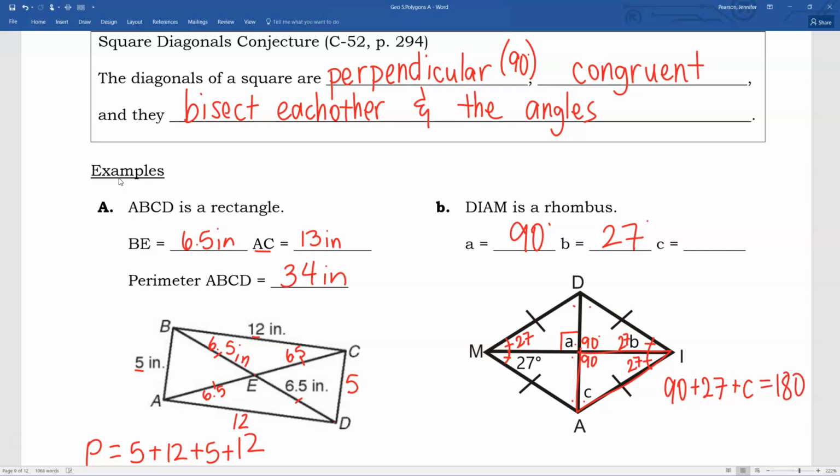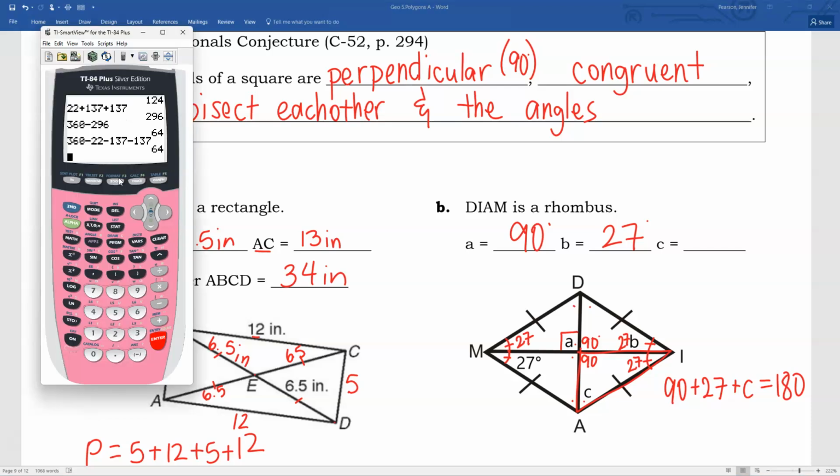So I can do 180, take away the 2 values that I know, and that will tell me what's left over. And again, we can add them first, and then subtract the sum from 180. Or we could take our 180 and minus each value.